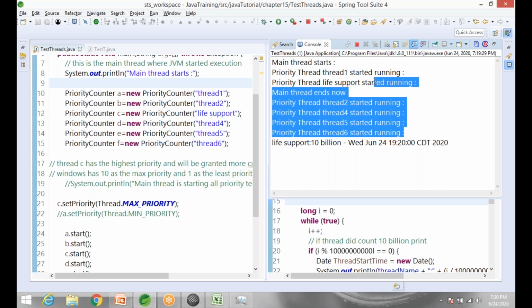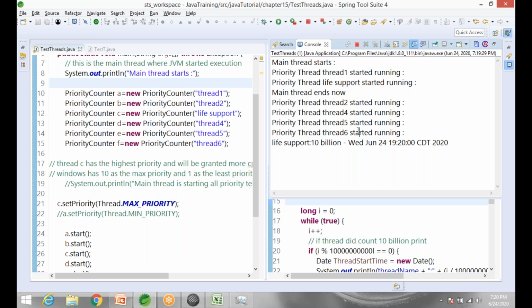Now the other 5 threads are fighting for CPU time. They will randomly be assigned. They'll get random time from CPUs. The life support thread is by far leading with the maximum lead.